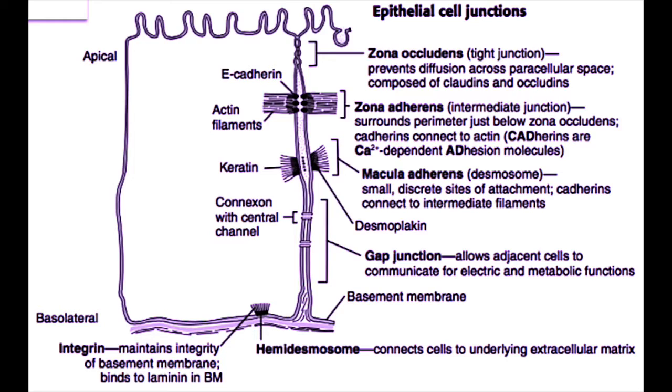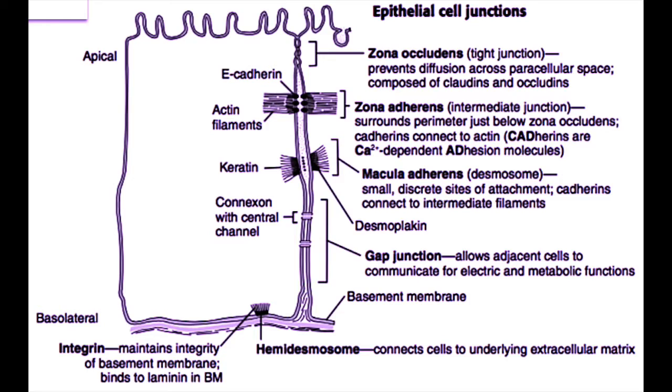And then finally, at the very bottom, or the deepest part of the epithelial cell layer, you're going to have the basement membrane. As I already said, the basement membrane is composed of some extracellular matrix that serves as sort of a barrier in between the epithelial cell layer and the underlying dermis, or connective tissue.